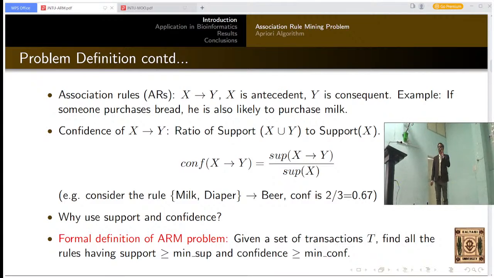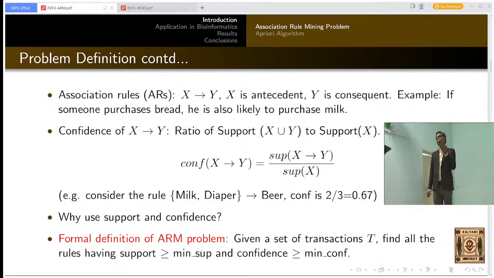Those rules will be considered the most important set of rules according to your supplied minimum support and minimum confidence values. So this is the problem definition. Now, how to solve this problem? That's the question.